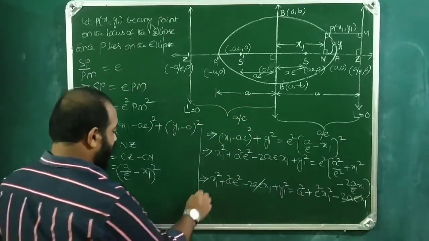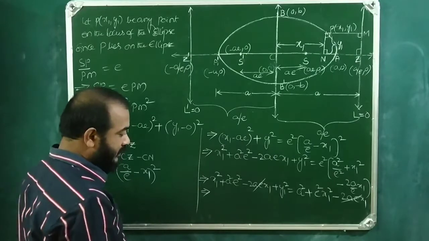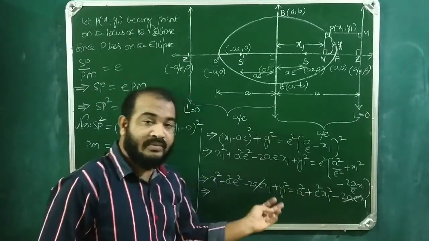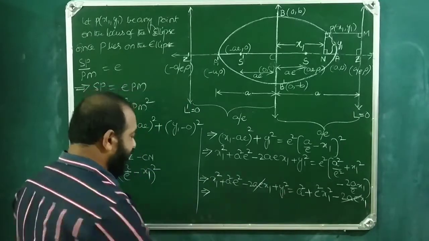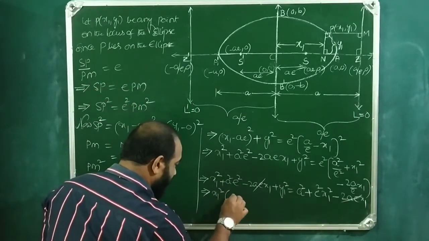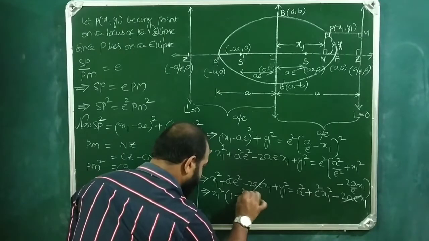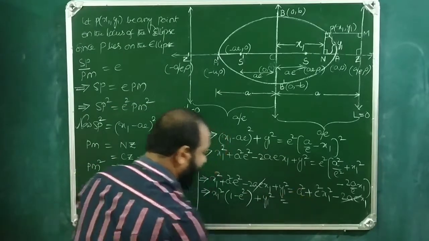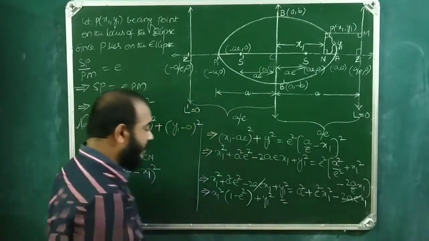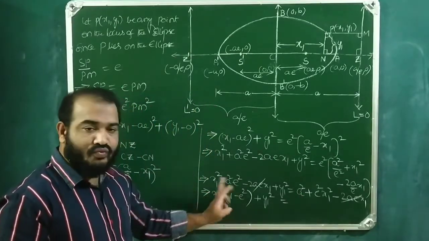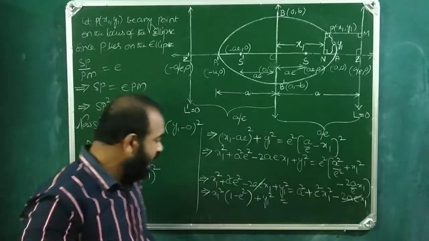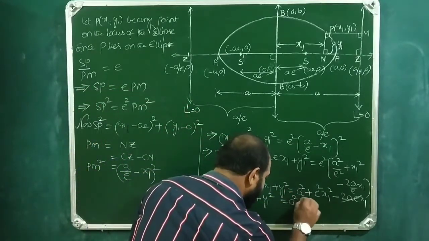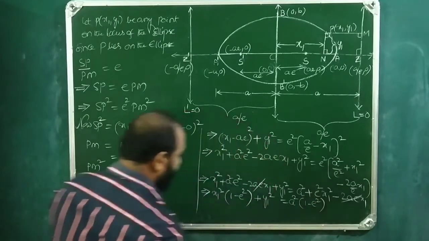So this is x1 square, and this is e square x1 square, which on transposing becomes minus e square x1 square. Take x1 square in common: (1 minus e square) x1 square plus y1 square equals a square minus a square e square. Take a square in common, then it is 1 minus e square.